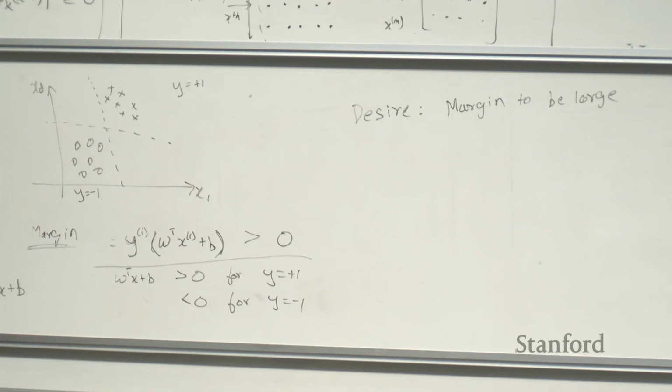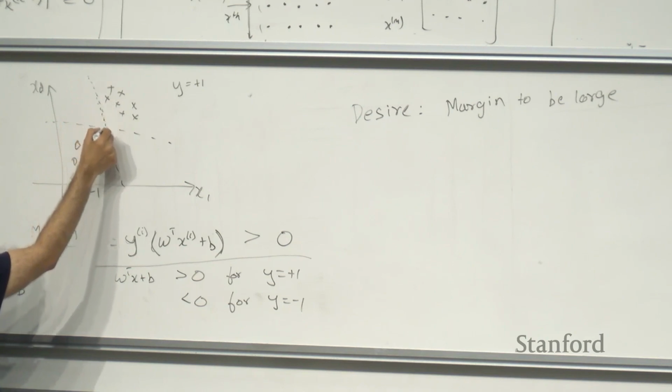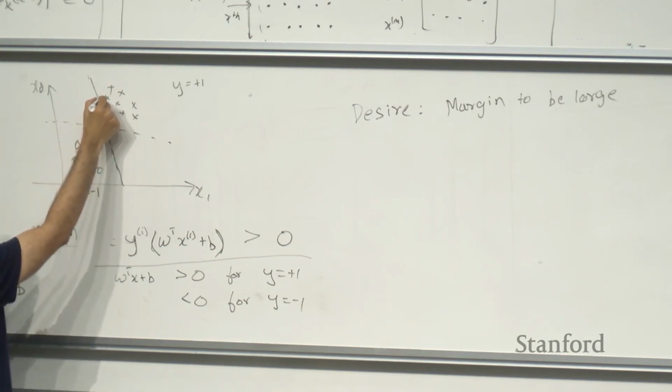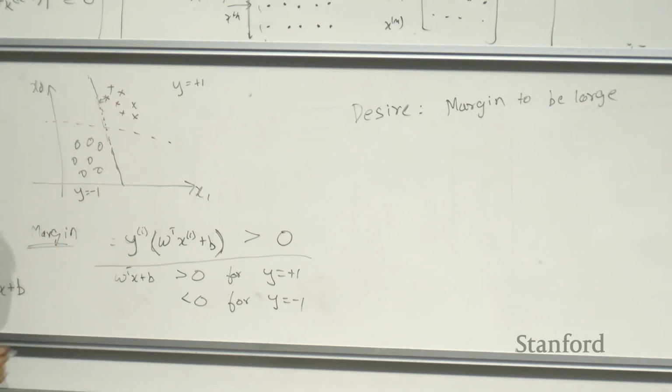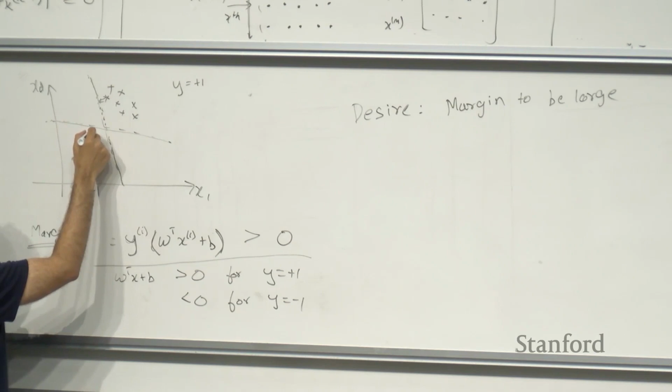Right? That's the idea of the support vector machine, which means, for example, for this separating hyperplane, the smallest margin is here. Right? And for this hyperplane, the smallest margin is here.